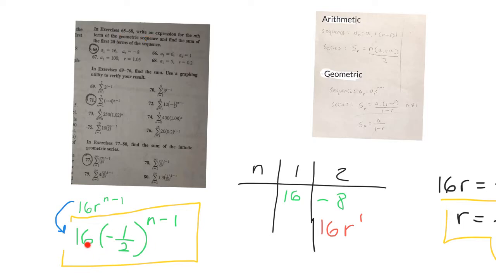Well, we just found it. Now we want the sum of the first 20 terms of the sequence. That brings us into the series section under geometric sequence. I'm going to erase all this for now.